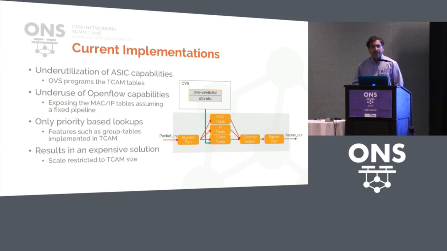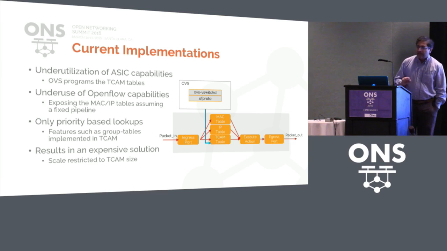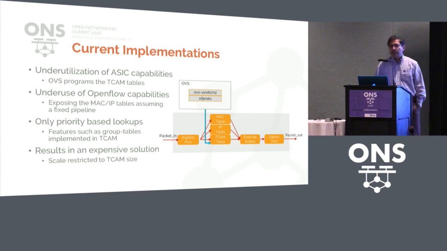And finally, if your application really is TCAM based, then the cost of that solution goes up because TCAMs are expensive devices. They don't scale too well. In order to build a TCAM-based network infrastructure, your cost of the solution is going to shoot up tremendously.